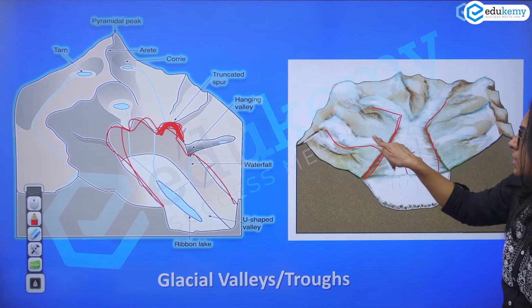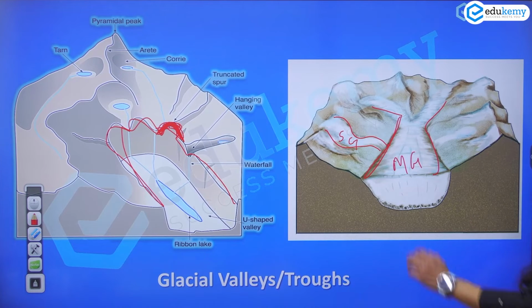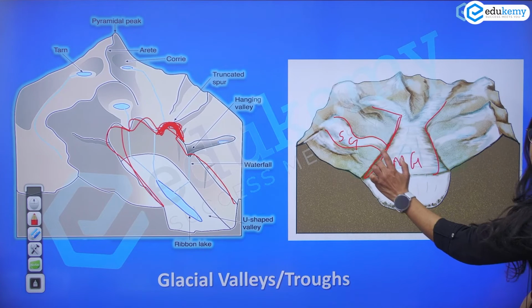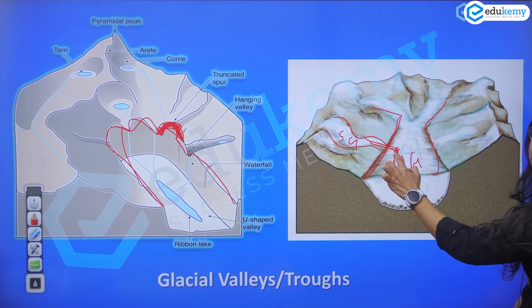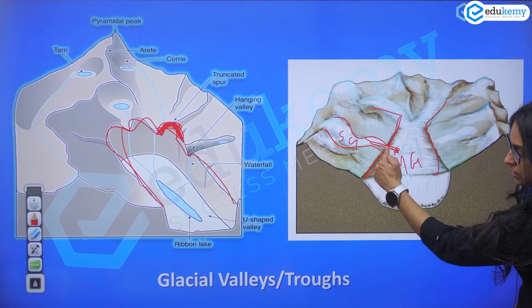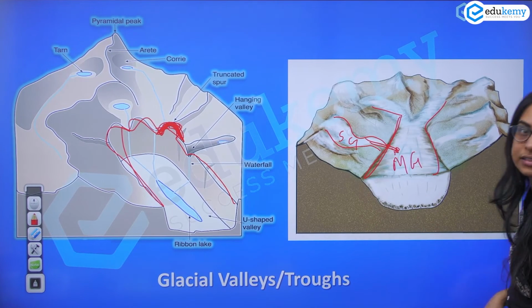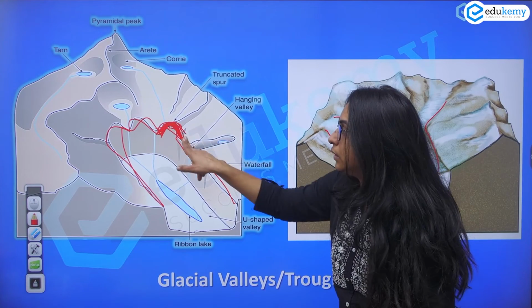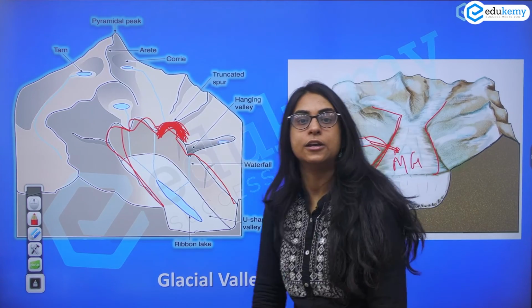Now this is the side glacier. This side glacier is trying to meet the main glacier. As it is meeting, it is cutting a depression. This depression will lead to this type of landform, which is called a truncated spur.